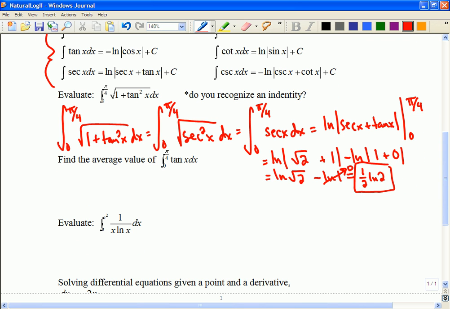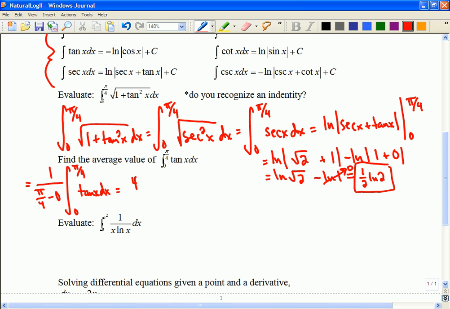Okay, so for the next one we're going to find the average value, and just a reminder, the way that works is the average value is going to be, well, to be more specific, this should just say the average value of tan x on 0 to pi over 4. So it'll be 1 over pi over 4 minus 0, the integral from 0 to pi over 4 of tan x dx.